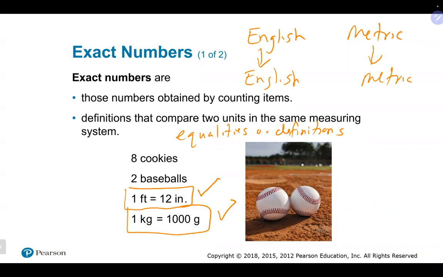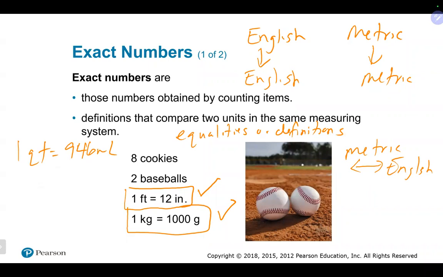Now, typically speaking, the only time when you do a calculation that you should consider an equality or conversion factor is if you cross over from metric to English or vice versa. Like 1 quart is 946 milliliters, going off the top of my head, or it could be 964, one of those, but we'll go with this one here.